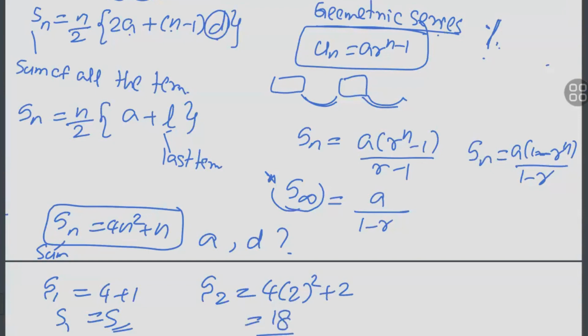18. What is this one? First term plus second term. Second term we don't know, both total 18. Then x equals what? 13. First term 5, second term 13. Then the first two terms total 18.